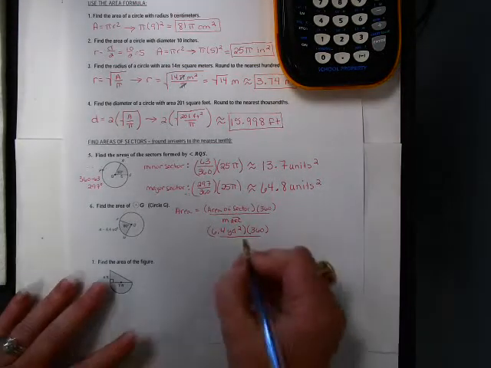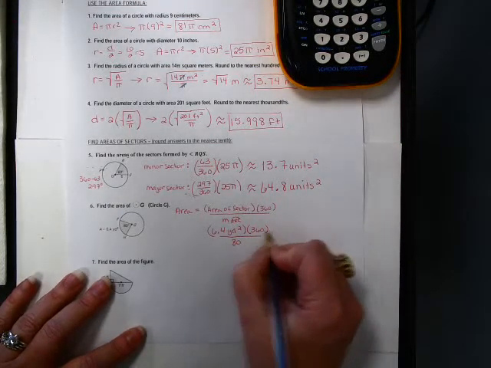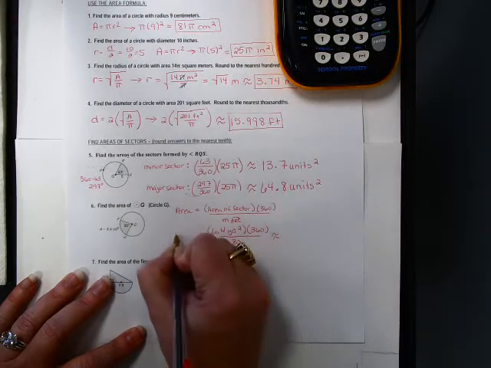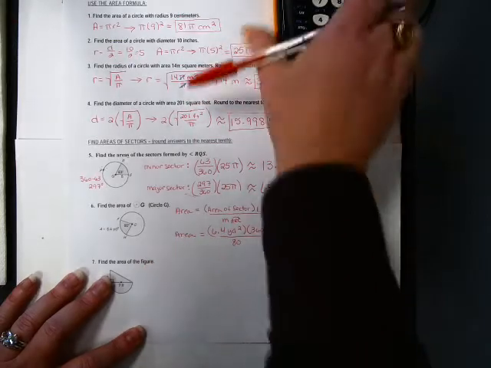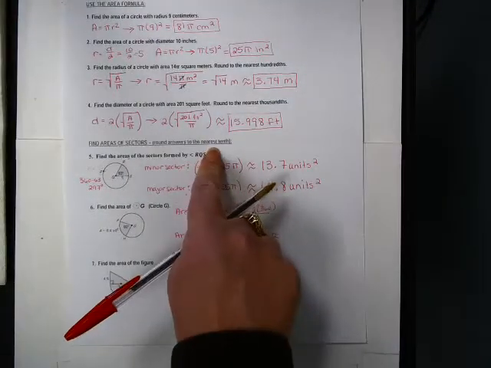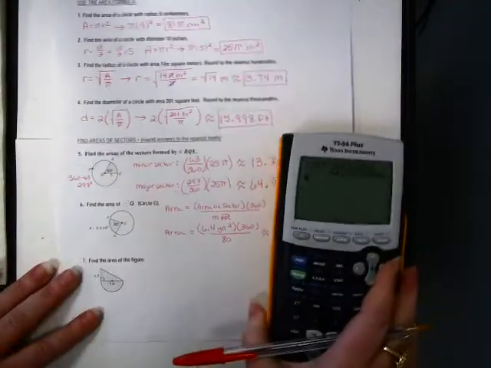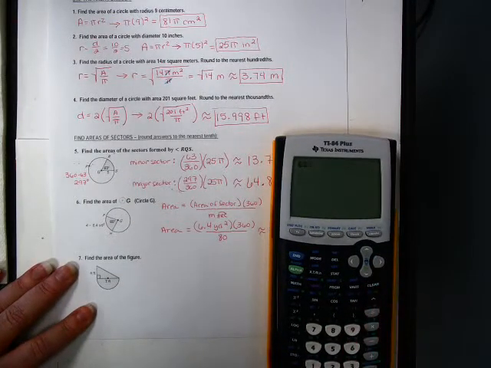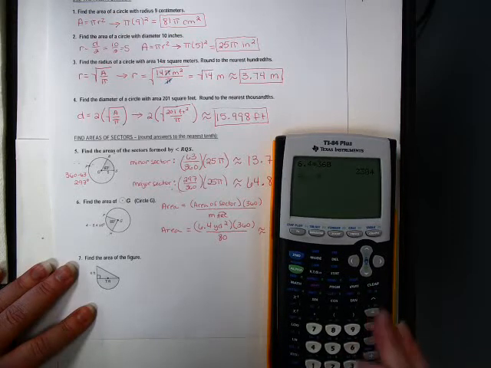80 degrees. When I plug this into my calculator, that's going to be 6.4 times 360. I hit enter, and then divided by 80.